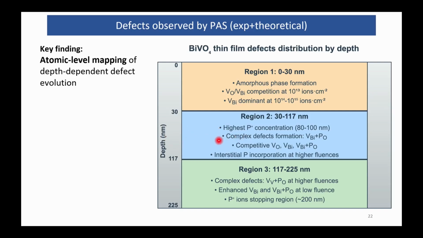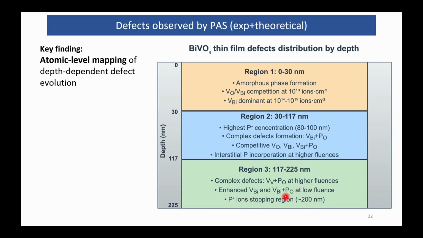And then we see the complex defect cluster like this. And we see the interstitial of phosphorus into bismuth vanadate. Finally, we again see the complex defect at high fluence, and we see the stopping range of phosphorus at 200 nanometers.